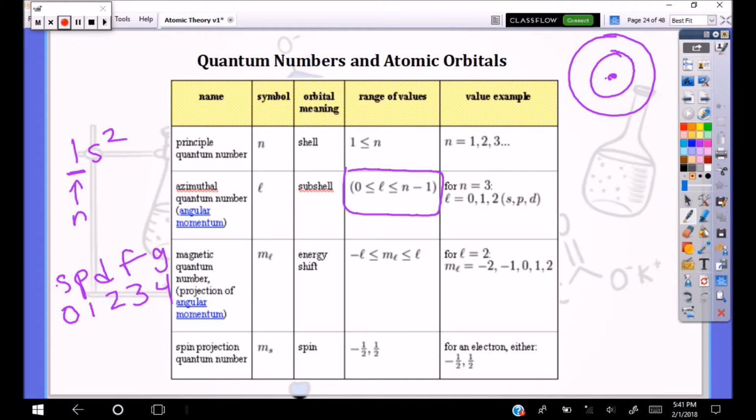We also have the magnetic quantum number. The magnetic quantum number is the energy shift. If we're talking about energy shift, we're talking about, in simpler terms, the number of boxes in an orbital.